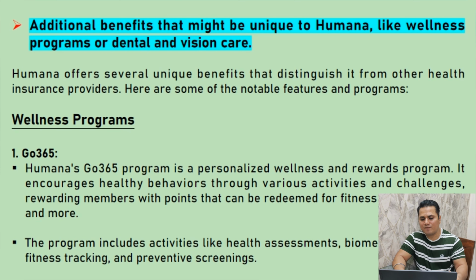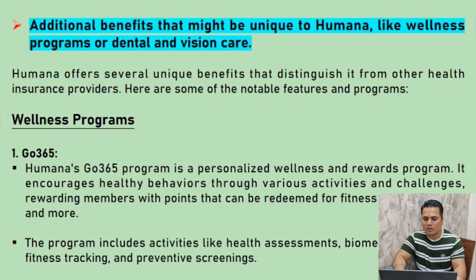Now, additional benefits that might be unique to Humana, like wellness programs or dental and vision care. Humana offers several unique benefits that distinguish it from other health insurance providers. Here are some of the notable features and programs. Wellness programs. Number one, Go 365. Humana's Go 365 program is a personalized wellness and reward program.